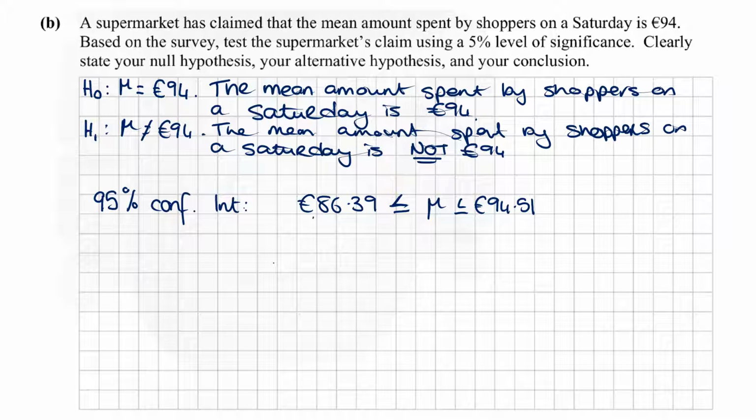If it does not sit in there, then we would reject the null hypothesis. So what we have here is 94. Mu is equal to 94 is what they've given us. So 94 does sit in the above 95% confidence interval.